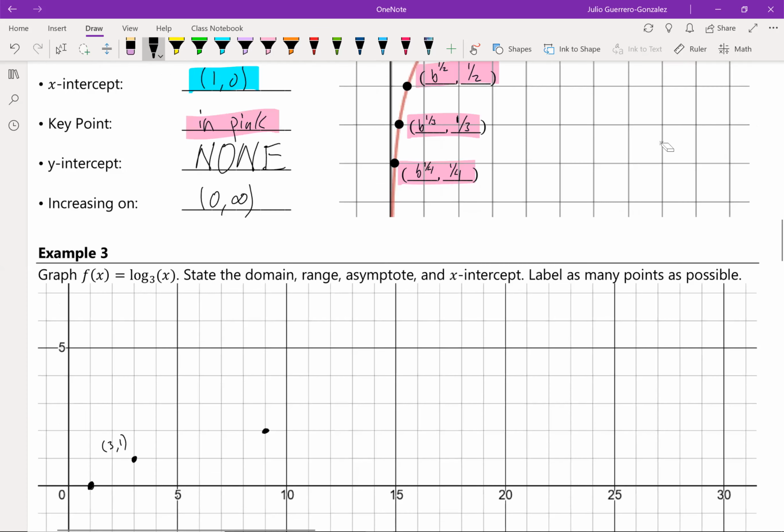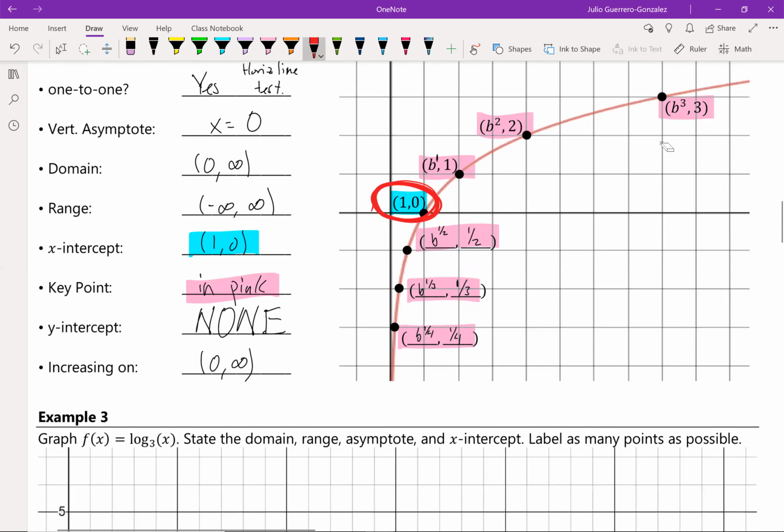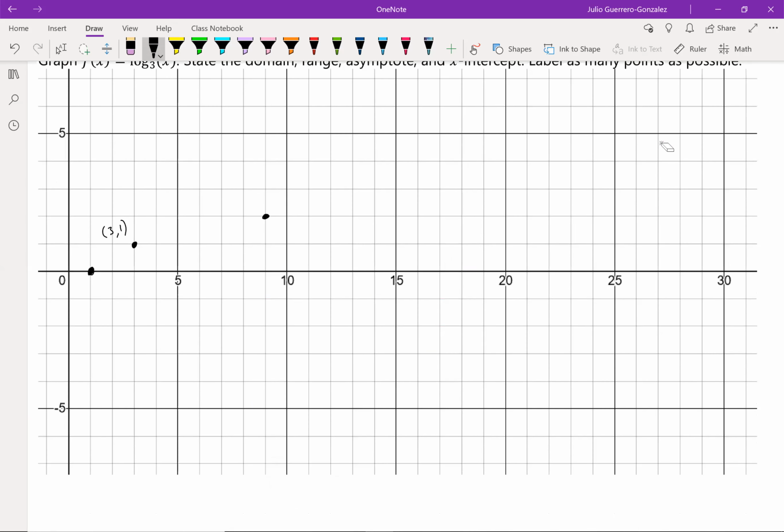That's why I gave it to you guys without disclosing a value for b. Now the 3 is the new value for b in this case. The next point here is 3 squared, which is 9, comma 2. Then the next one would be 3 cubed. That'd be 81.